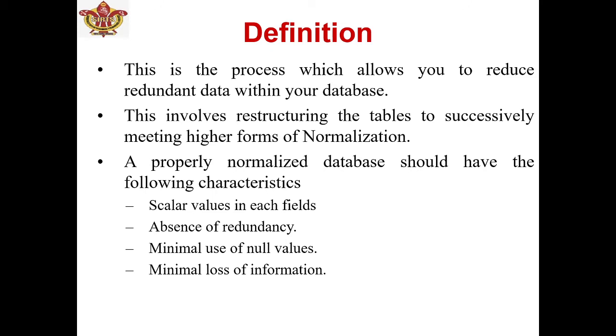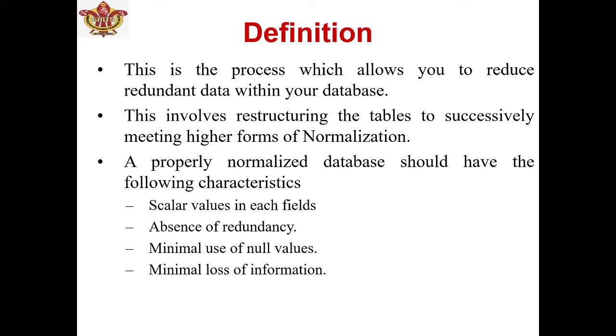So in first normal form, we will see that if a relation contains composite or multi-valued attributes, it violates first normal form. A relation is in first normal form if it does not contain any composite or multi-valued attributes, that is, if every attribute in that relation is a single-valued attribute, right?